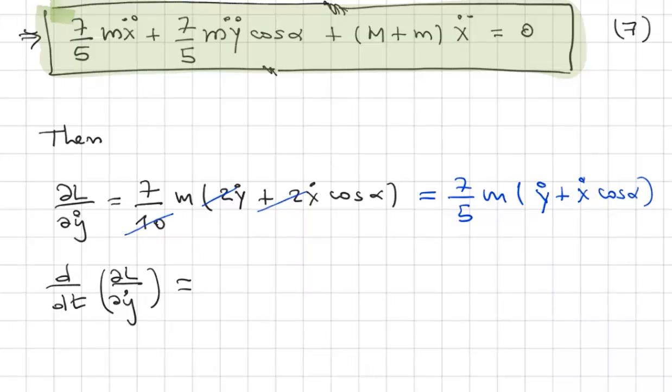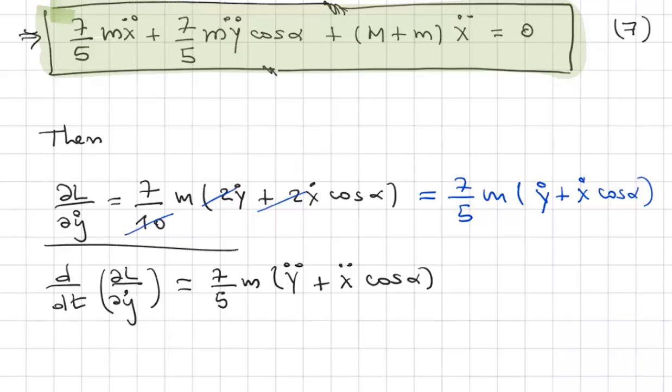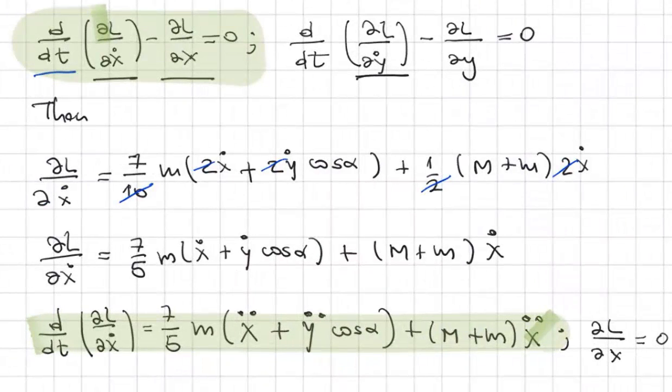It is 7/5 of the mass times (y double dot plus x double dot cosine of alpha). The next part would be calculating dL/dy.